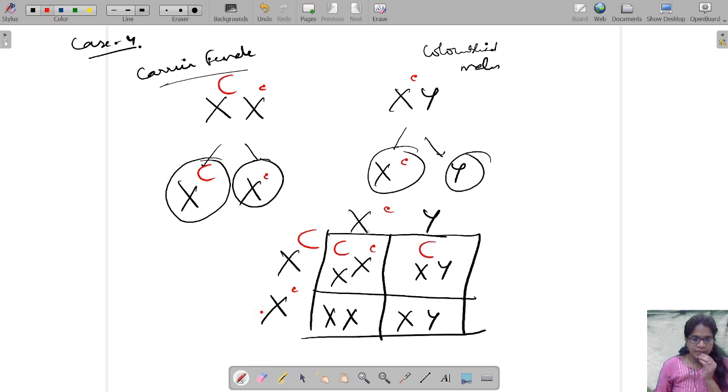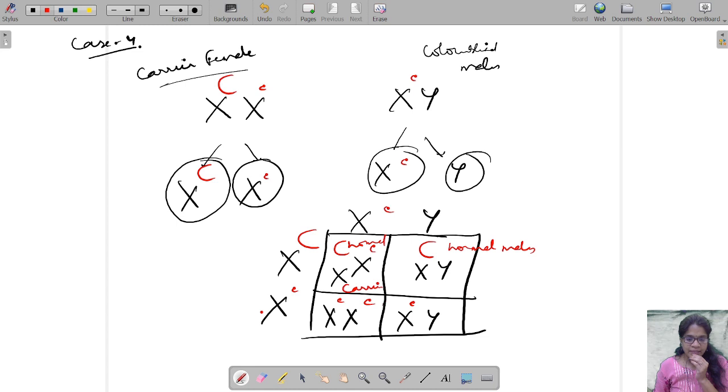Upon this and this, you will get this, and this and this. See, if you clearly notice what's happening, these are normal males, because the C is not at all expressed in males. It is expressed only in dominance, so it is not expressed here. So here it is normal, but I can say they are carriers.